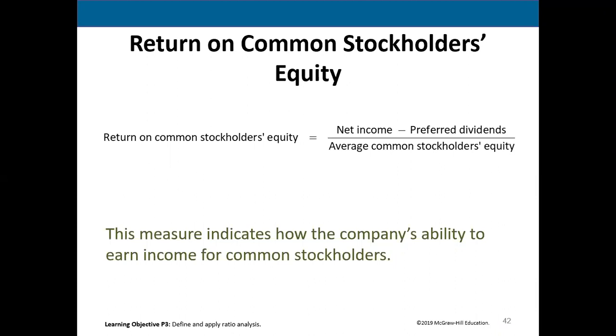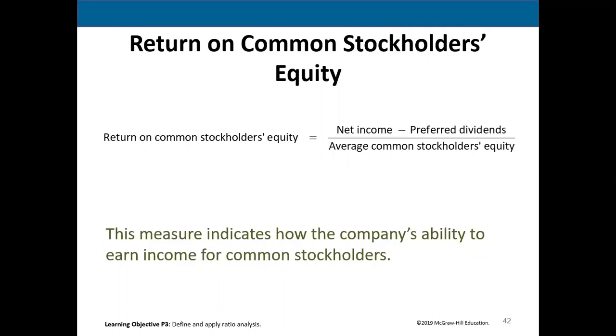Creditors already know their return percentage-wise because they define it when they create the loan. It's an interest rate. That's their return on investment from loaning money. Preferred shareholders already know their return because it's their dividend rate. That's the most they'll ever get from investing money into the company.